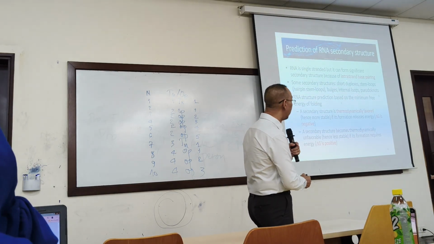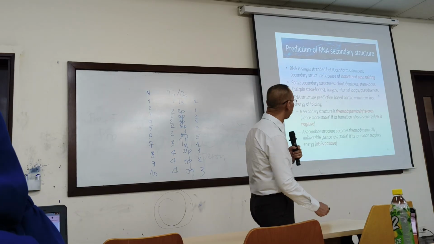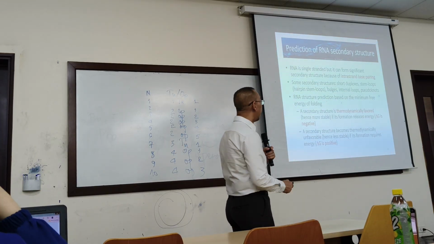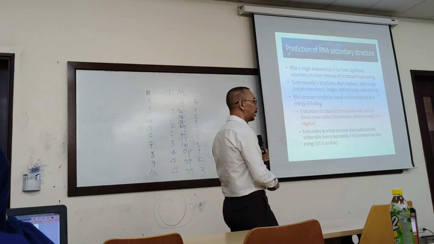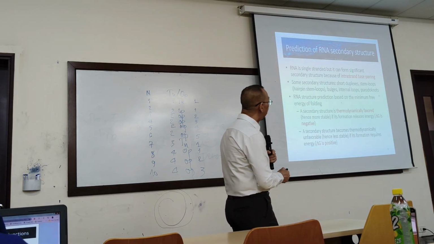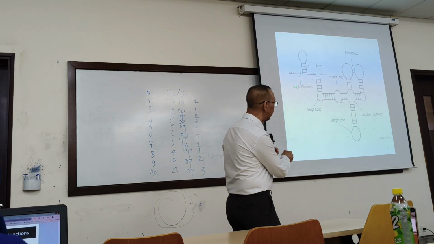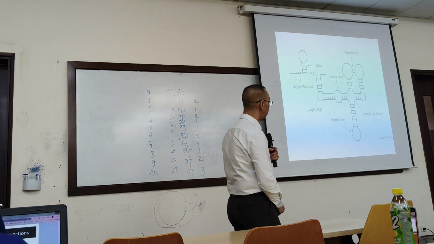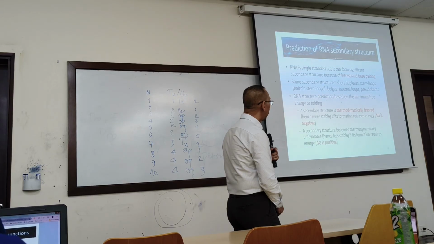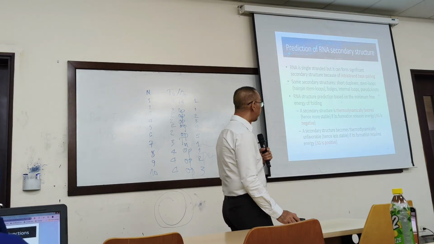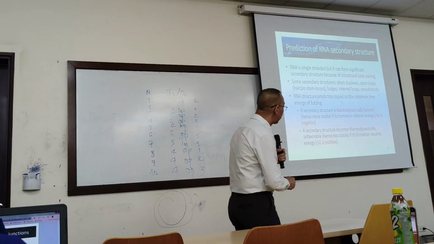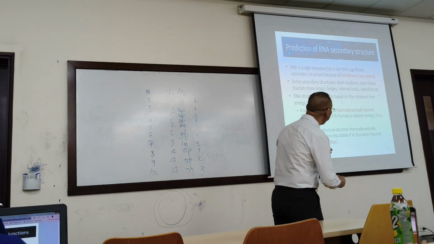So that's why we call it intra-strand. There are several forms of secondary structure, such as stem-loops, that are present in RNA. The programs predict based on thermodynamic favorability.